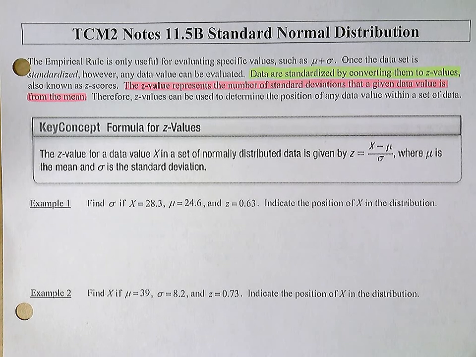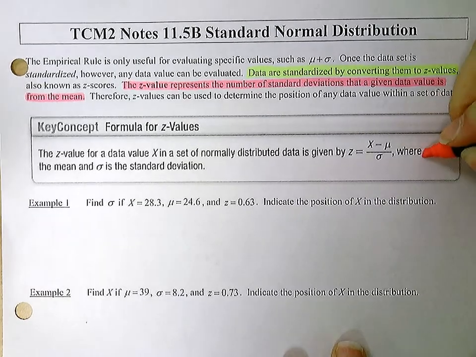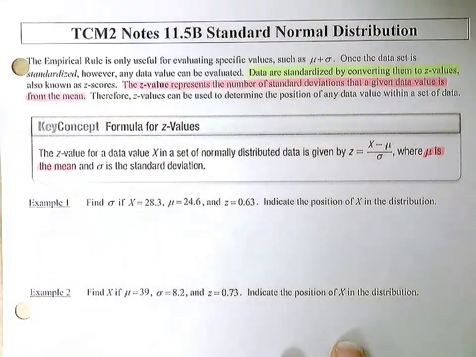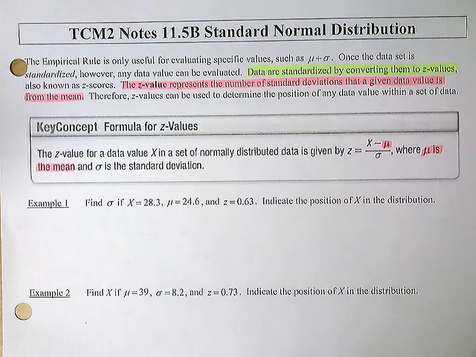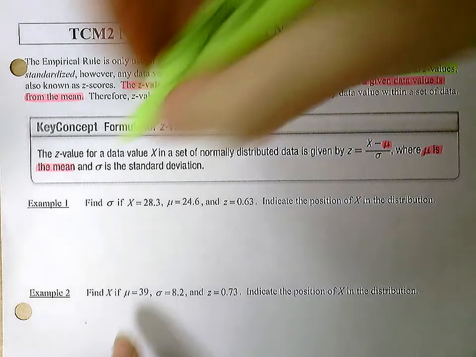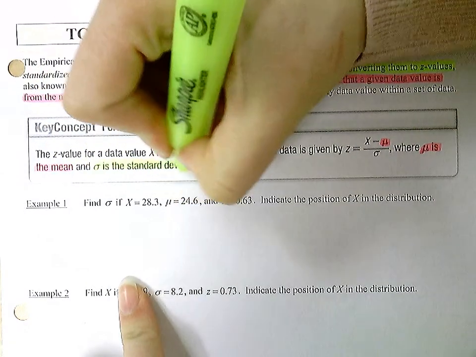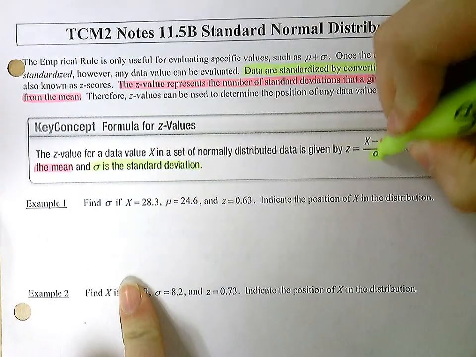All right, so, quiet. The z-value for a data value x in any set of normally distributed data is given by z equals x minus mu over sigma, where mu is the mean, that's this one right here, and sigma is the standard deviation, that's this part right here.